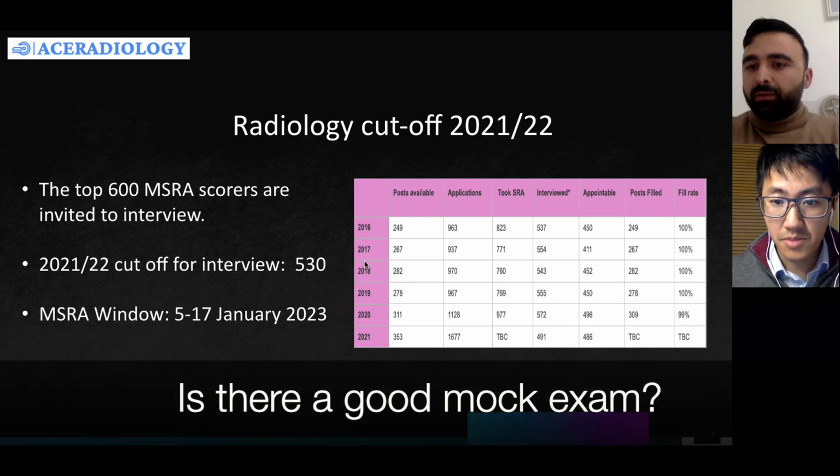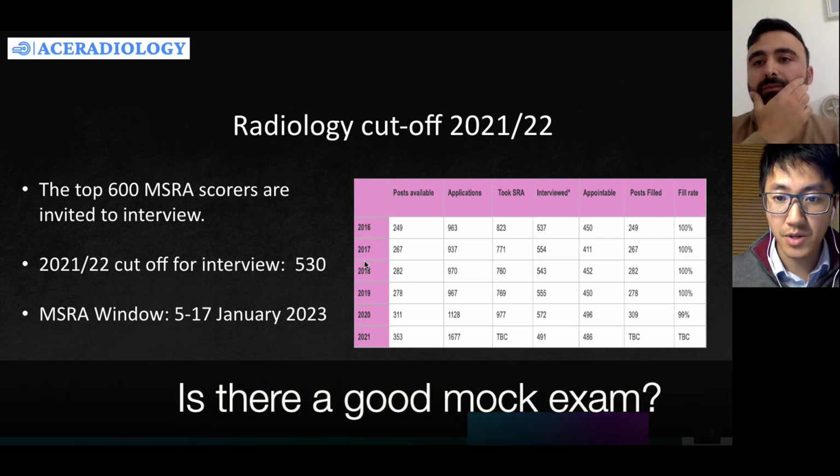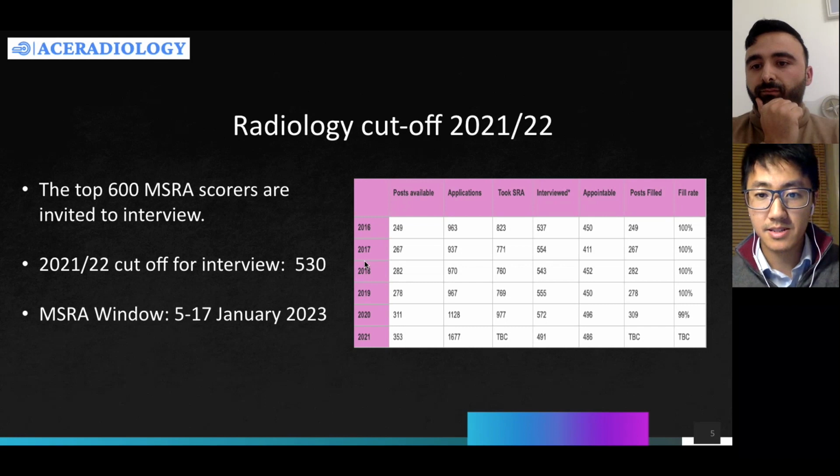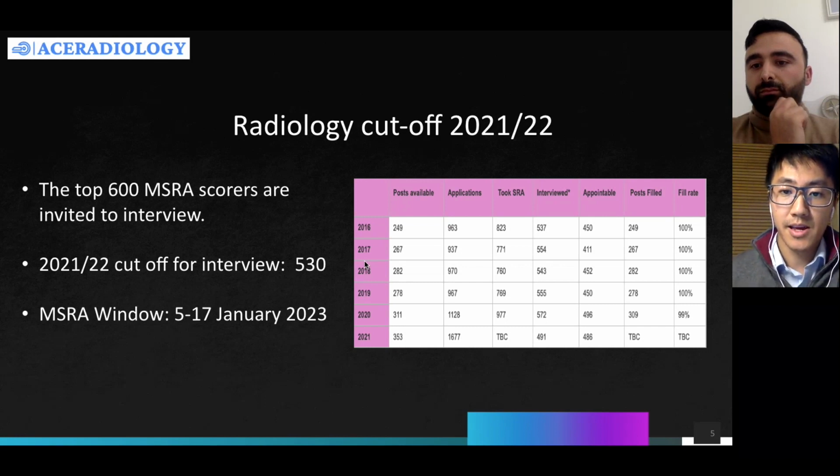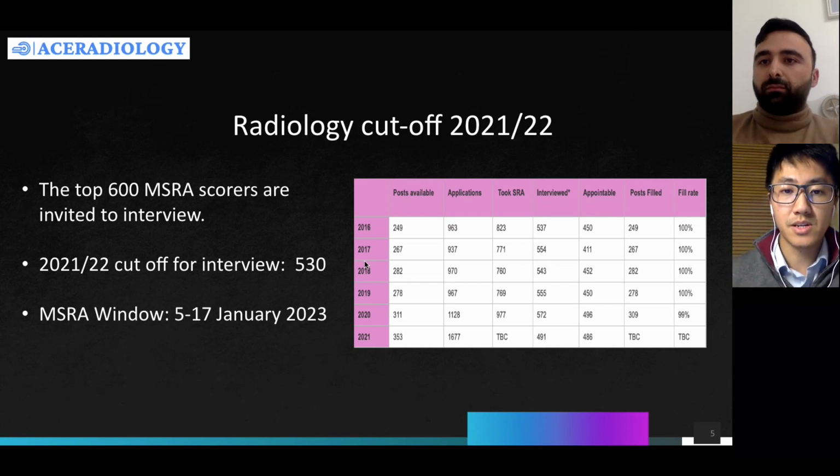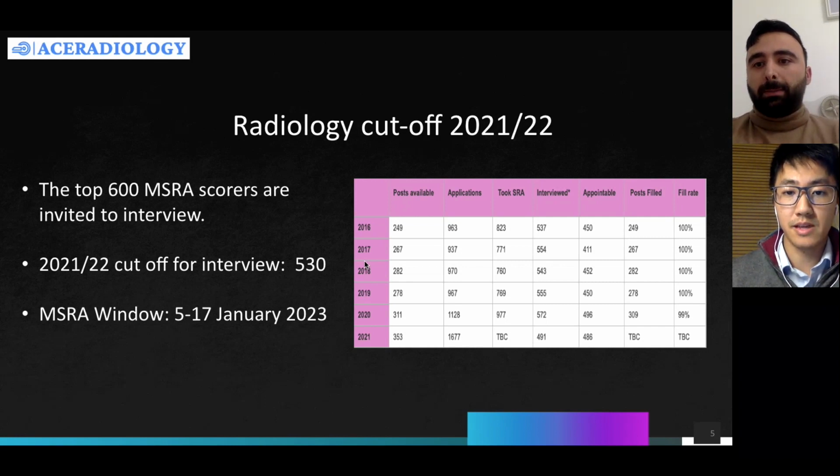Is there any good mock exam that you can recommend, which would be used to predict our current level during preparation? So there are different options. There are some example questions, I think, on the GP recruitment office, with, I think, some answers in them as well. So that is probably the most accurate gauge of how you're doing.